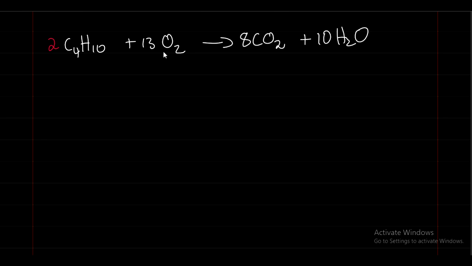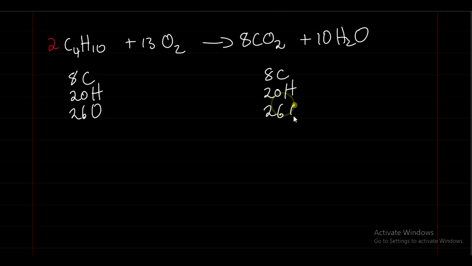Now if you check, we have 8 carbons in here, 8 carbons in here; 20 hydrogens, 20 hydrogens, because 10 times 2 is 20; 26 oxygens, 13 times 2 is 26, and in here 8 times 2 is 16, 16 plus 10 is 26.